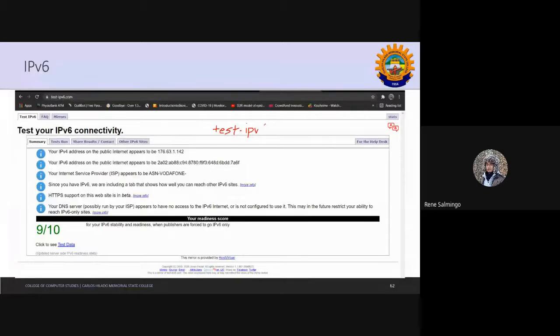You type test-ipv6.com. You will receive this information. And this appears to be my computer.